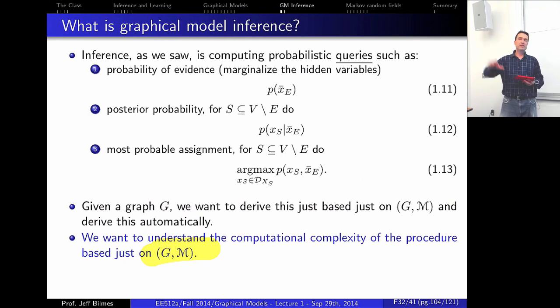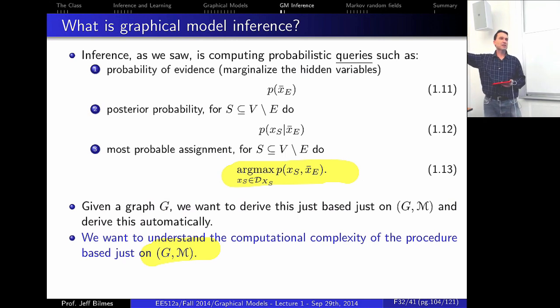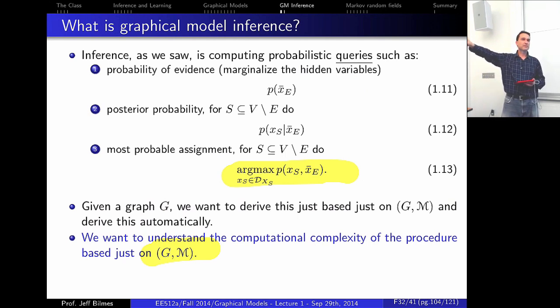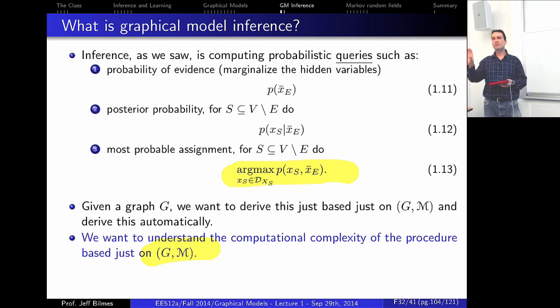Like for example, here's a family of probability distributions. Can I do this argmax for any member of the family? With the graph, you could prove that no, you can't do this unless you pay exponential time, or you can do it, or you can maybe approximate it for any distribution in the family. And so graphical model inference is more specific than probabilistic inference. Graphical model inference is using the graph usefully to help you do probabilistic inference procedures for members of the family associated with the graph.